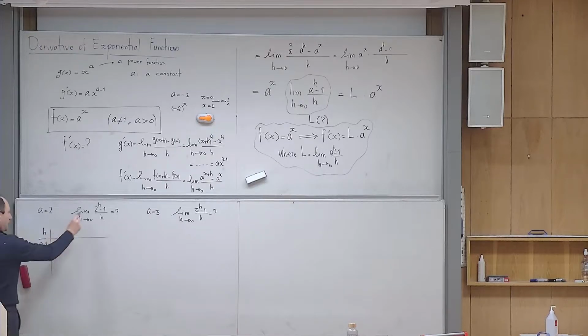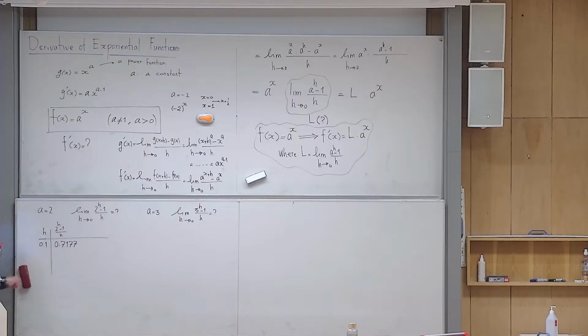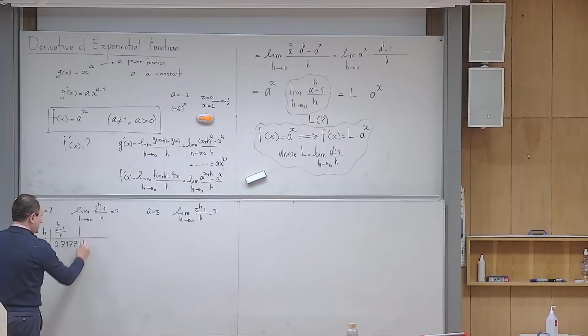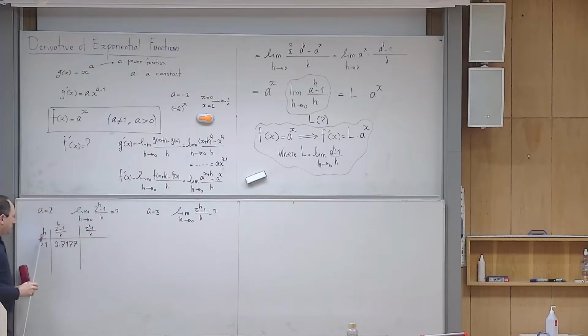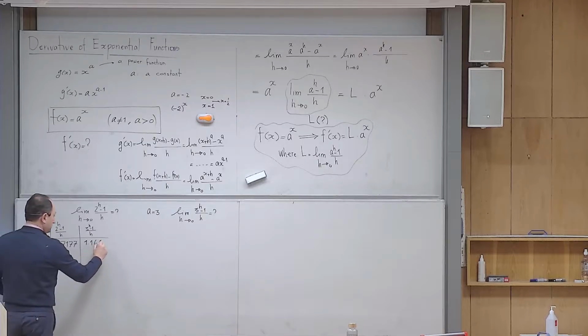So when I calculate (2^h − 1)/h, I take my calculator, I type in this value of h, I calculate, and I get this number up to some decimal points. This is the number that I get, and I will do the same thing exactly for the other one. And when I calculate this function for this chosen value, I got 1.1612.